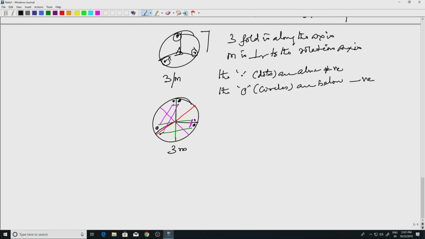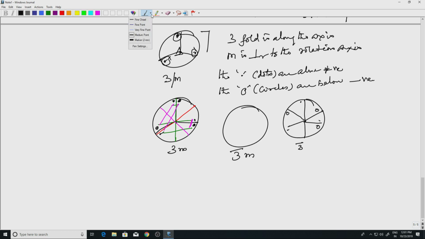Okay, then the next point group is 3 bar m. Now we see which is 3 bar. This is 3 bar. Now the mirror is operated here.